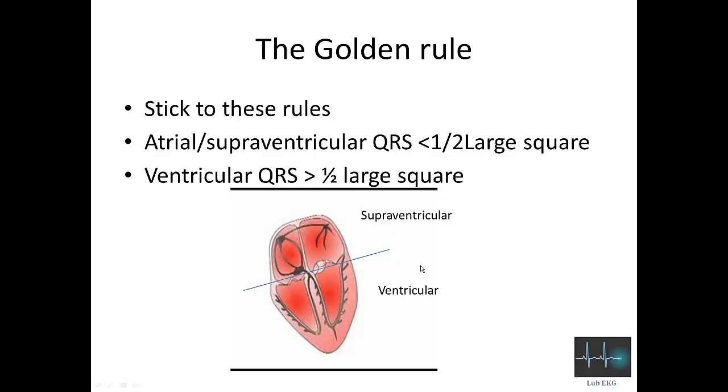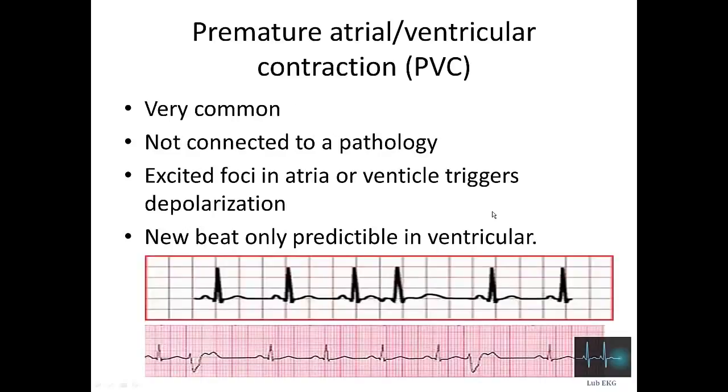There is one exception, and that is if the ectopic beat originates close to the bundle of His, meaning that the signal will catch into the bundle branches. You will have a thin QRS complex, but this rarely happens. So as a golden rule, if the signal originates in the atria, you have a small QRS. If it's in the ventricle, you have a big, thick, wide QRS.